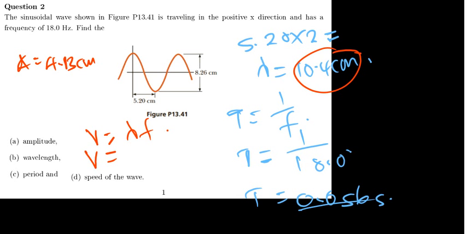So V will be equal to 18 times 0.104, which gives me 1.872 meters per second.